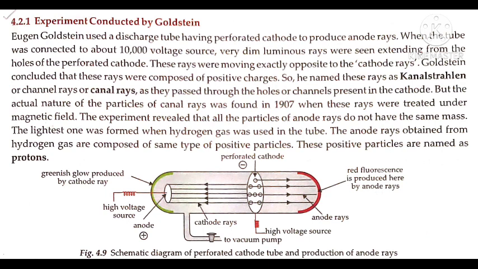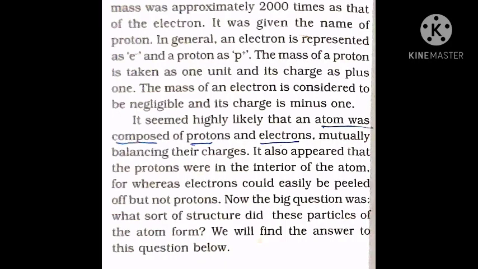These positive particles are named as protons. The mass of the proton was approximately 2000 times that of the electron. In general, an electron is represented as e and proton as p. The mass of a proton is taken as 1 unit and its charge as +1.